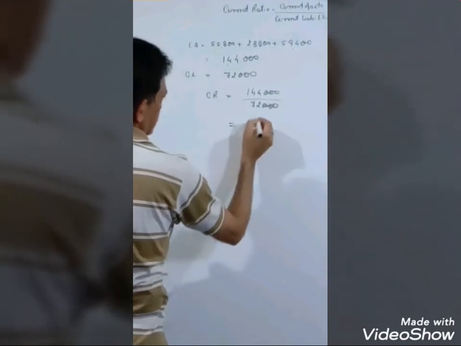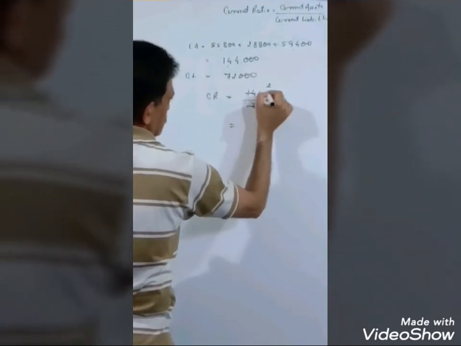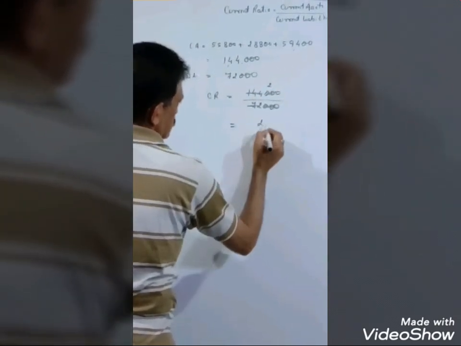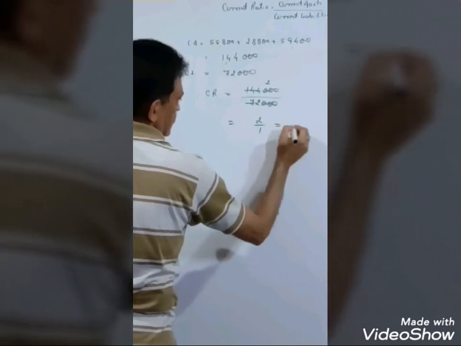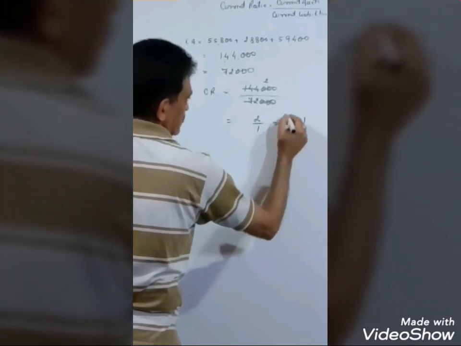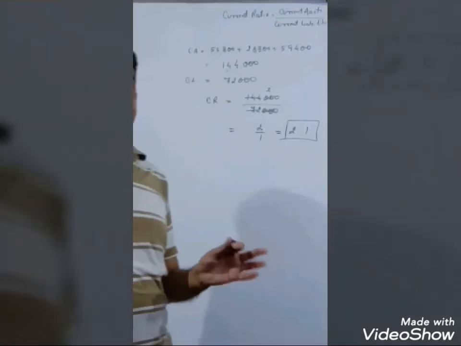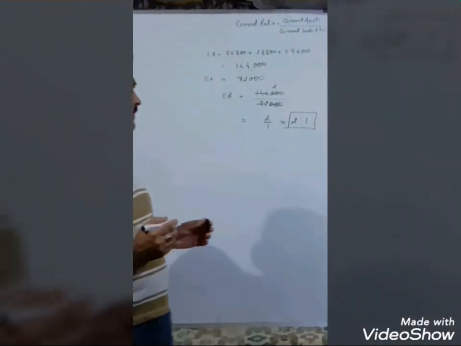After calculating, we will get 2, so we will write it as 2:1. This current ratio is equal to the standard ratio 2:1.